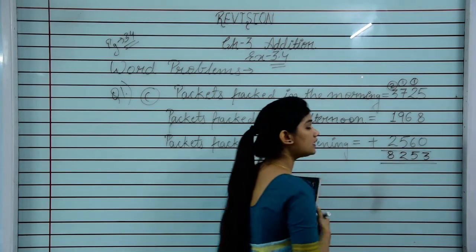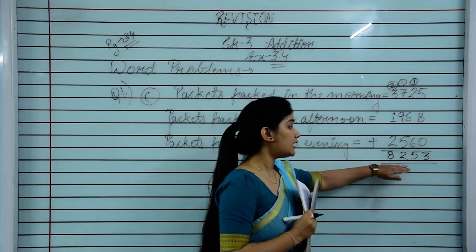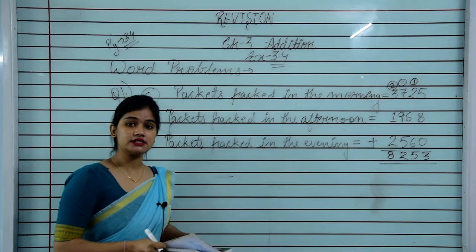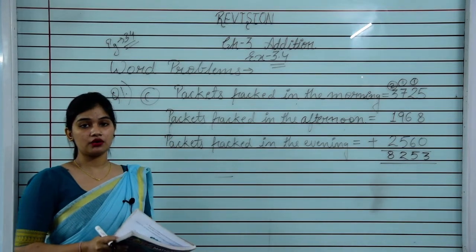So the total number of packets are here 8253. Understood students? Whenever total is asked, what will you do? Sum.